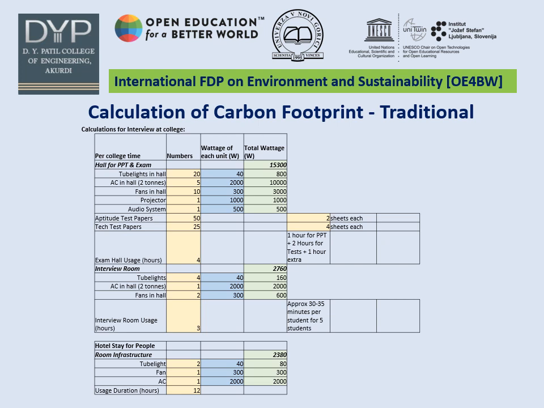There will be one interview room and we require a hotel for the people who have come to take the interview. So all those things have to be considered. The number of tube lights, ACs, fans, etc. are mentioned here. The wattage of each appliance and the total wattage has been calculated.